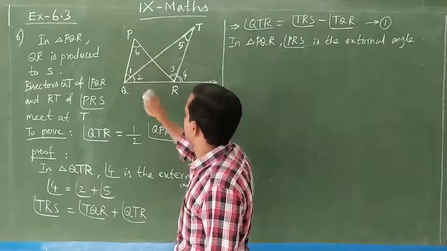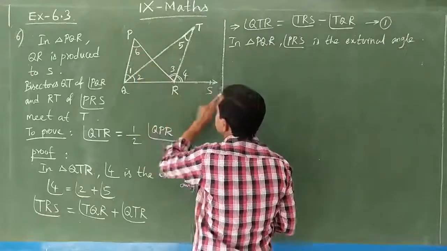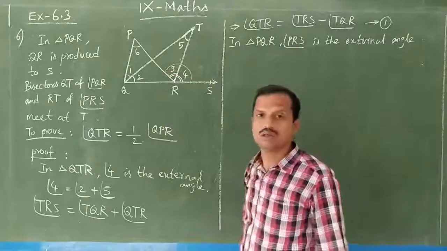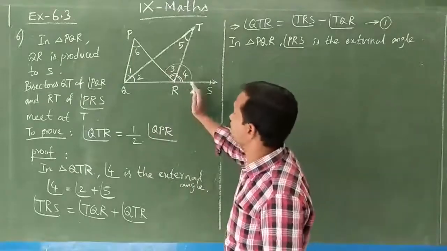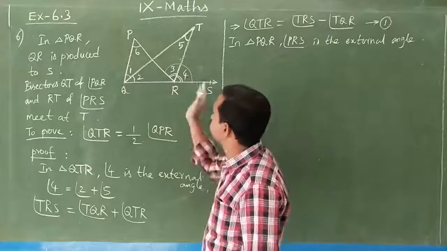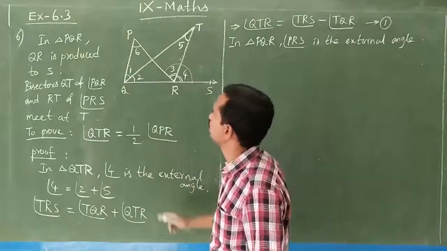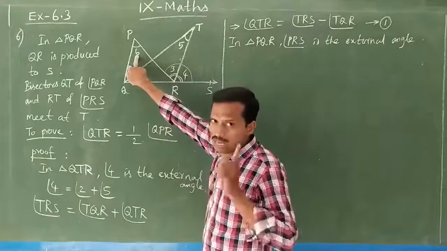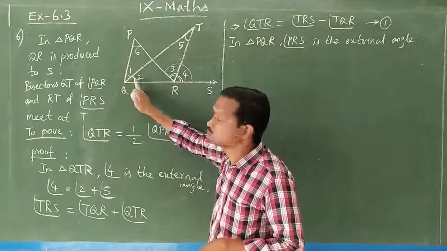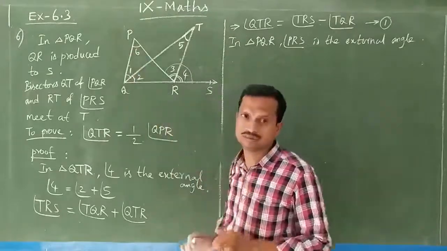In triangle PQR, QR is produced, therefore PRS is the full angle. Clear? This full angle now becomes the external angle of triangle PQR, and it is equal to the sum of the two opposite interior angles. Can you say what they are? One is angle 6, and the other is both 1 plus 2 together. So for that PQR is better, right?